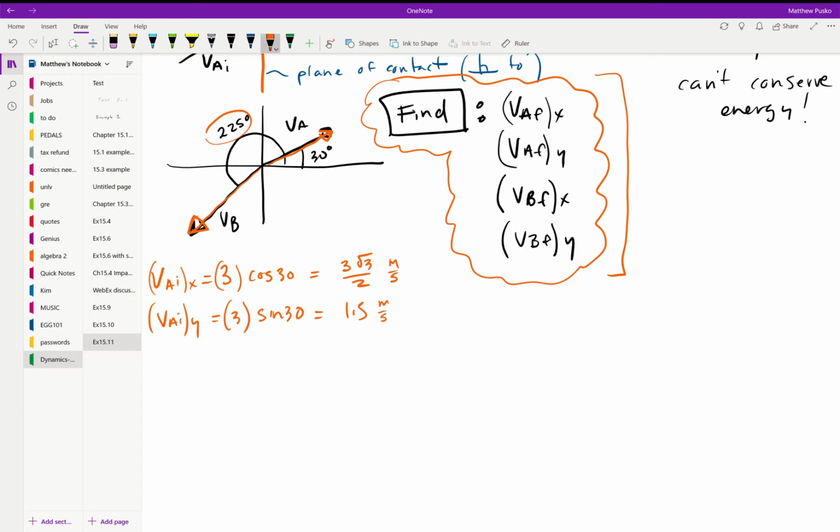For the velocity of B, I'm going to use 225 degrees as measured from the positive x-axis. So the velocity of B initially in the x will be the 1 meter per second times the cosine of 225, and that gives us negative root 2 over 2. And the same thing for the y direction.